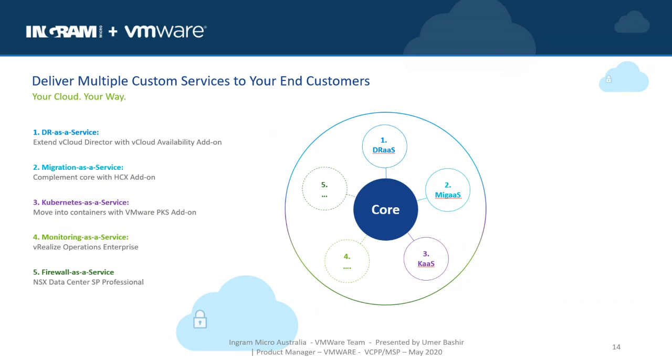As I mentioned before, what we want to think about is not just a product, but also a solution that you can offer, and there's a huge range for it. Generally speaking, there's a real thing called everything as a service, or XaaS, which is an approach that gives you the capability of offering multiple solutions to your customers, from disaster recovery as a service, to migration as a service, or Kubernetes, as I mentioned before.